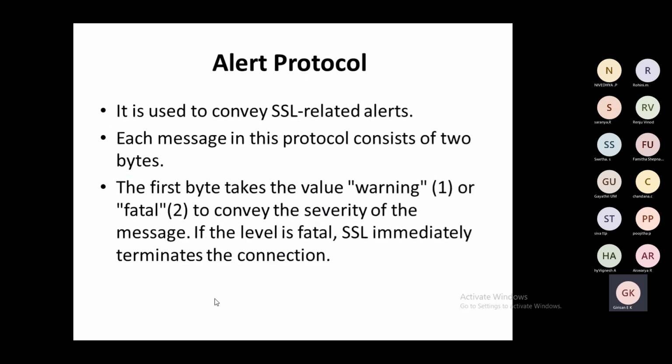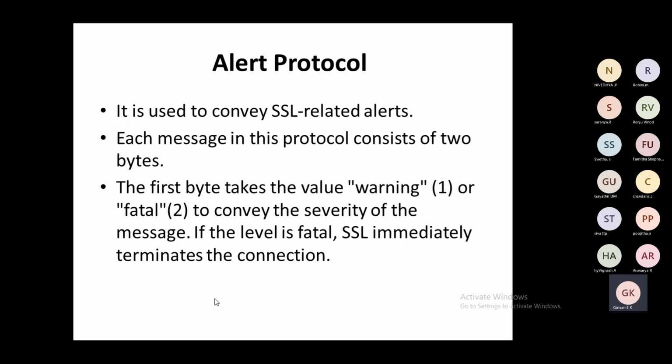Okay, then alert protocol. The alert protocol conveys certain SSL related alerts. So for example, if the value is 1 means warning. If it contains 2 means it is fatal. Fatal means what? There is a severe problem for the message and that connection will be terminated. So these are byte values.